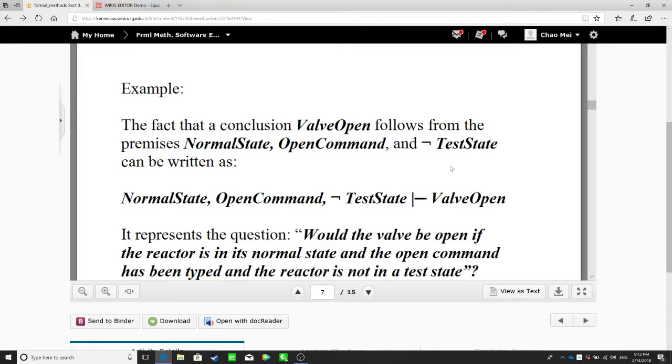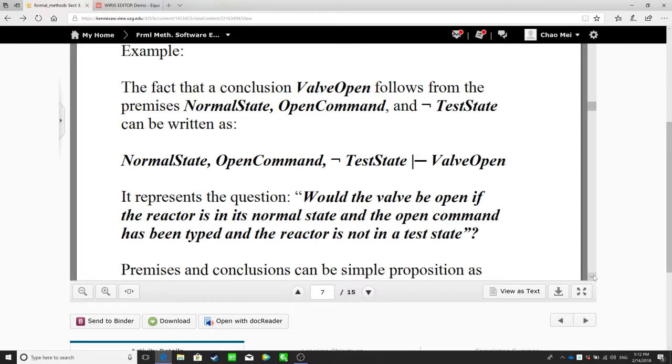So there are two ways of doing this proof. First, let's see the first way. How can we do that? The example here is the fact that the conclusion valve open follows from the premises normal state, open command, and negation test state.